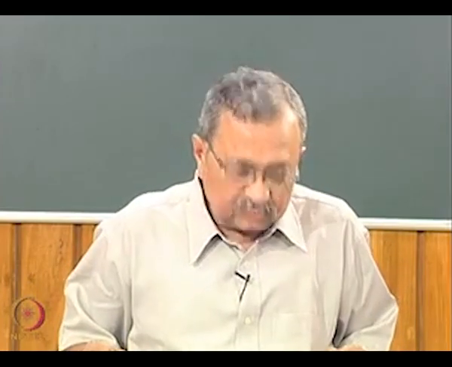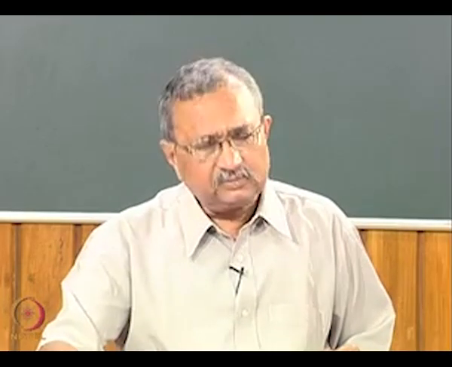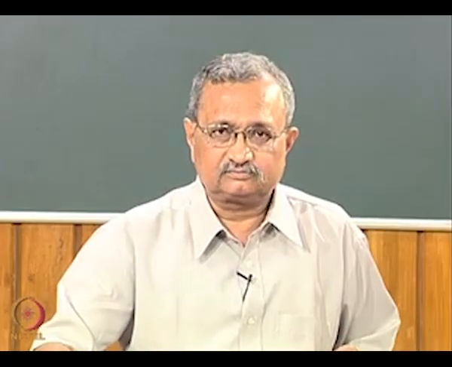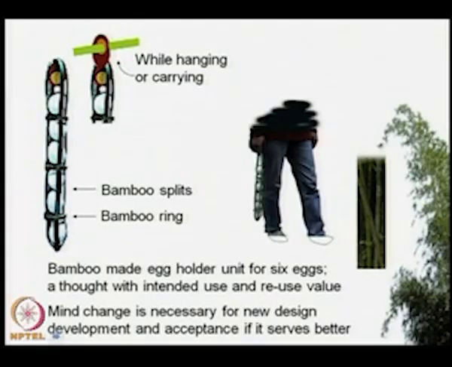After observing many people and how they buy, we found that a packaging unit of 6 eggs would be better. It would also be affordable to buy. With this idea, the thought came: why not use bamboo as a container product, making bamboo splits?